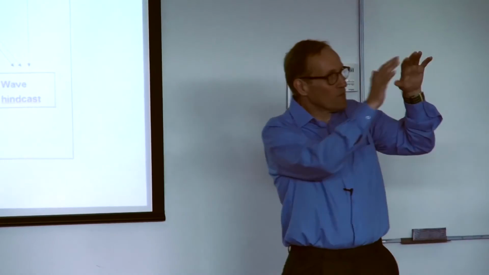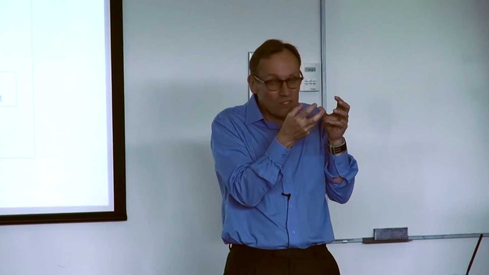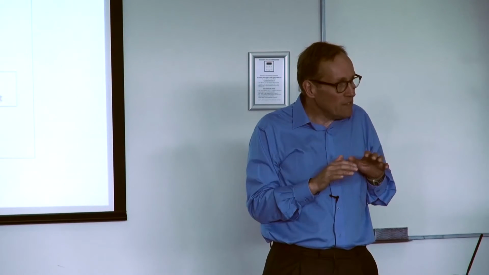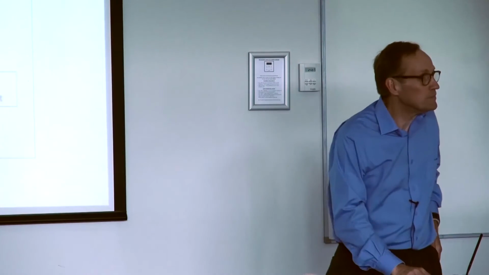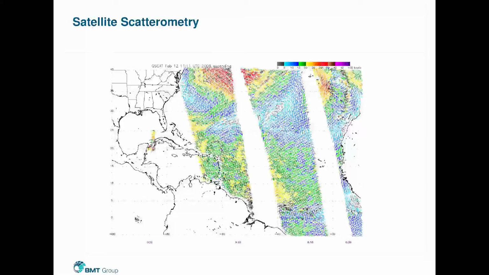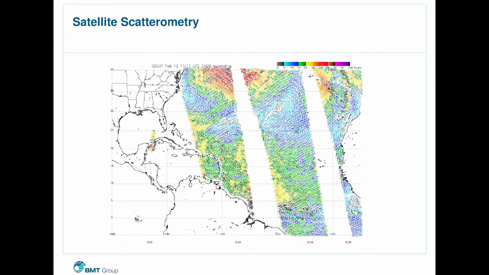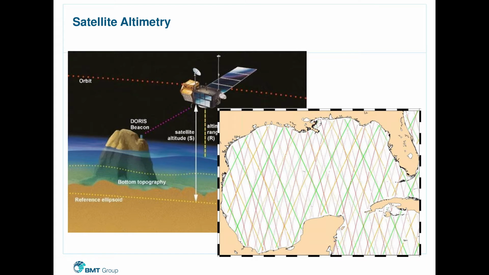So we've got this sort of cycle of using in situ measurements, scatterometry and altimetry to enhance the quality of the model data that we start with. So this is just a daily coverage of swath scatterometry, and that's the repeat coverage over 1 month from Altimetry in the Gulf of Mexico.